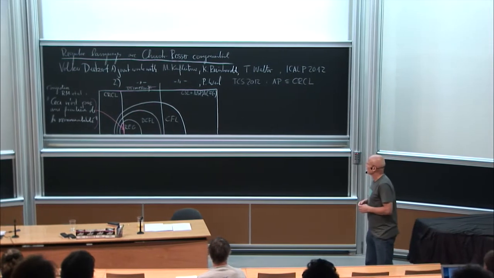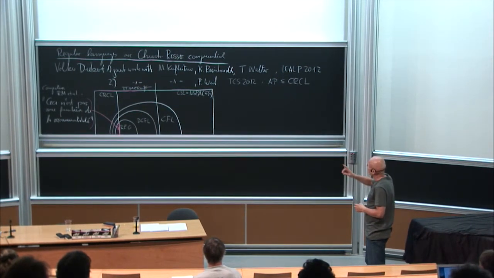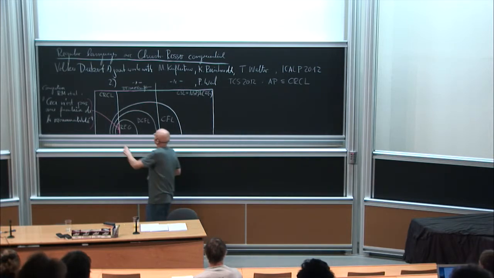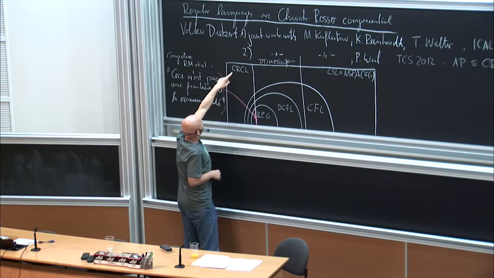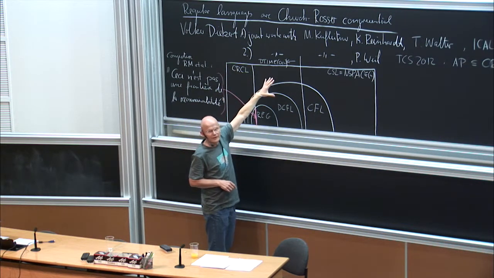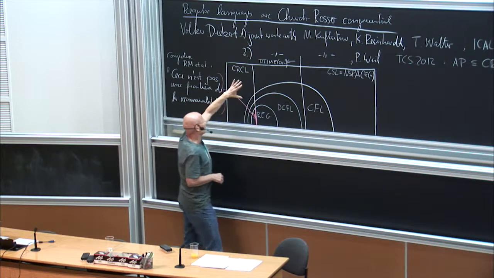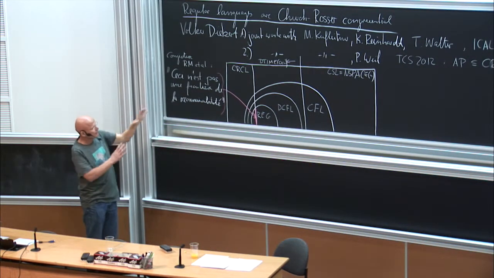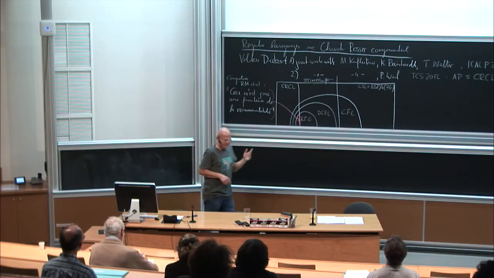And this led to the notion of Church-Rosser congruential languages. This is abbreviated like this here. So every Church-Rosser congruential language has time complexity O of n. That was the interest in introducing it. And you see these languages fall apart from the deterministic context-free languages.